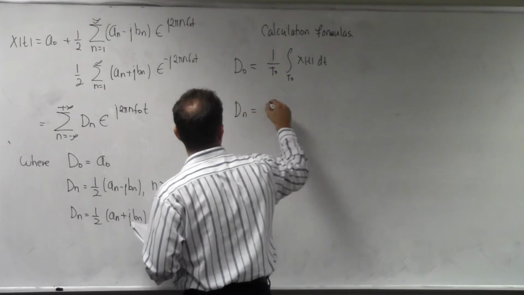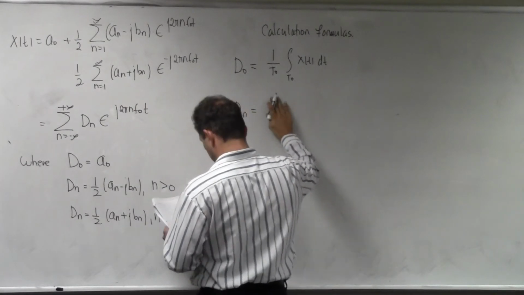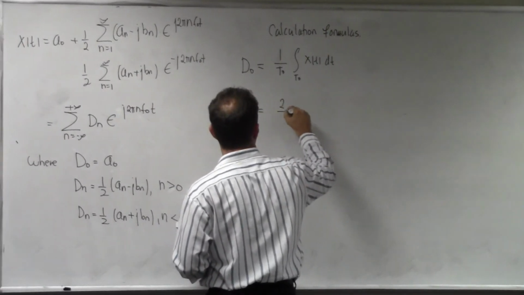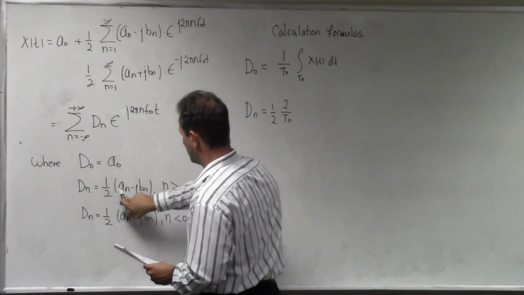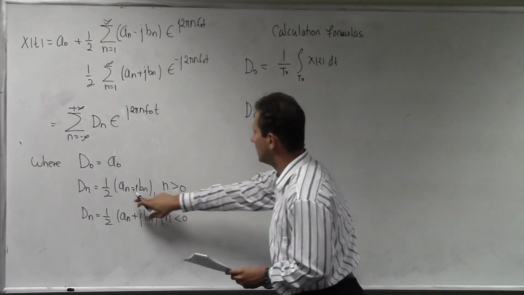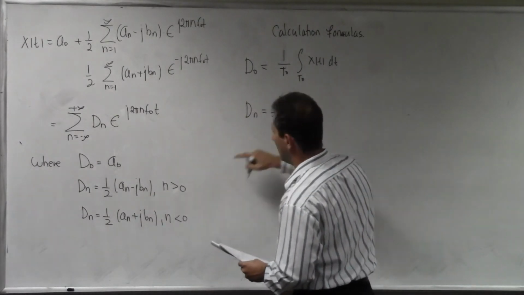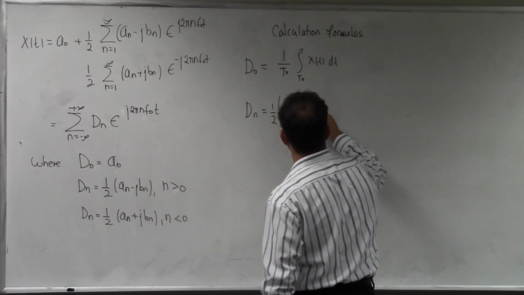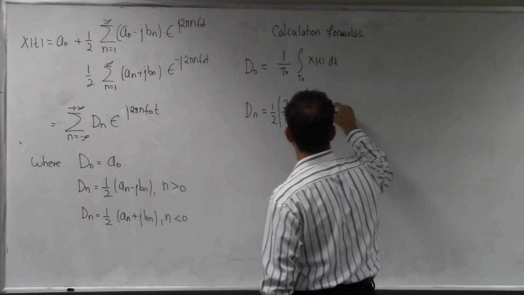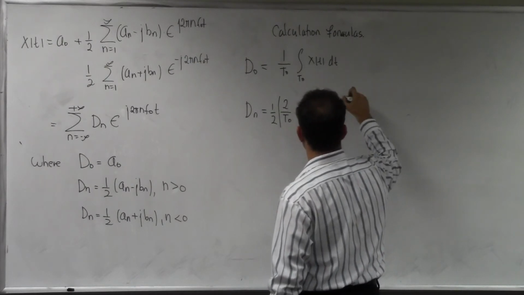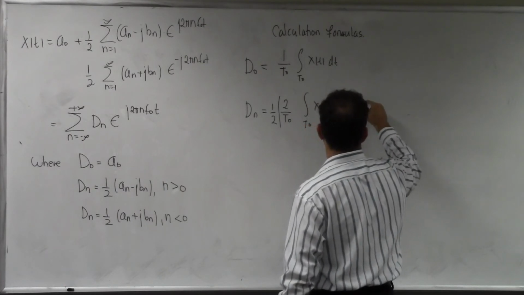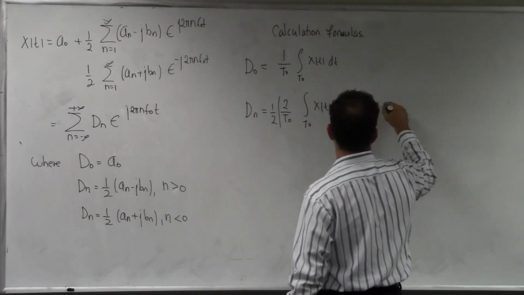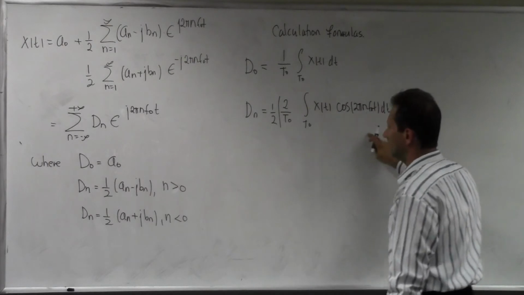dn is going to be 1/2, and then the calculation formula for an is 2 over T0, integral over T0, x of t cosine 2 pi n f0 t dt. So this is your an.